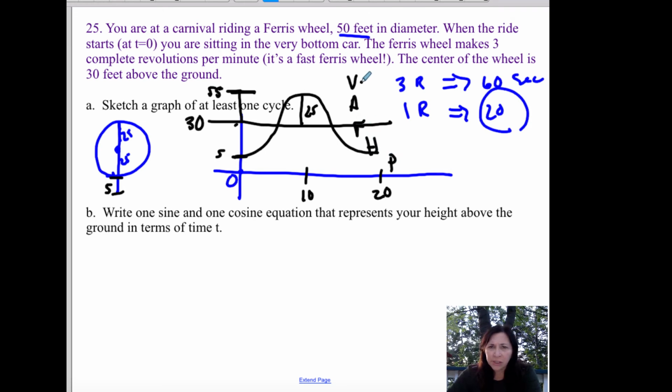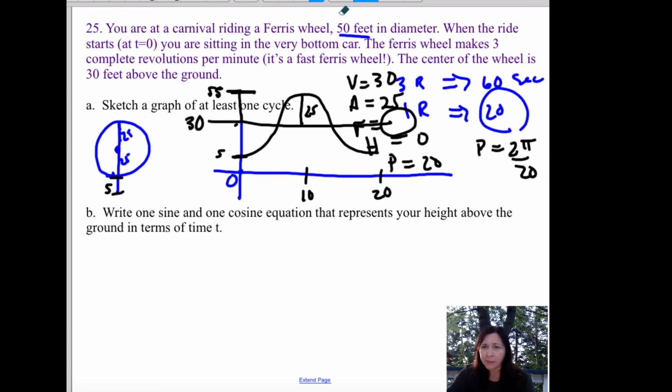V-A-F-H-P. My vertical shift is 30. My amplitude from here to here is 25. I'm holding off on my frequency for just a minute. I have no horizontal shift if I make this a negative sine wave. And my period is 20 seconds. So what you do is for period, the period is equal to 2 pi over 20.